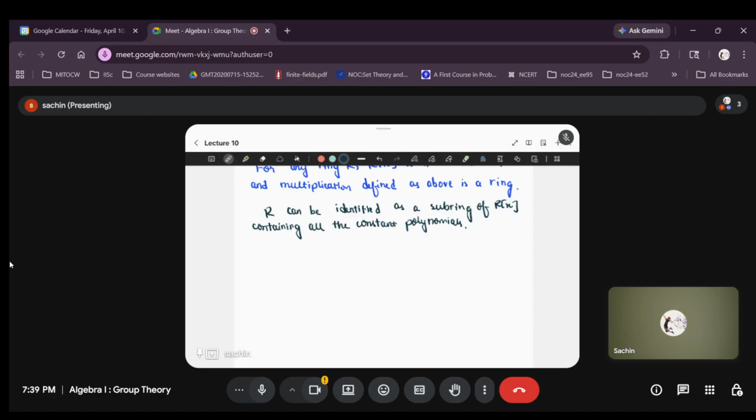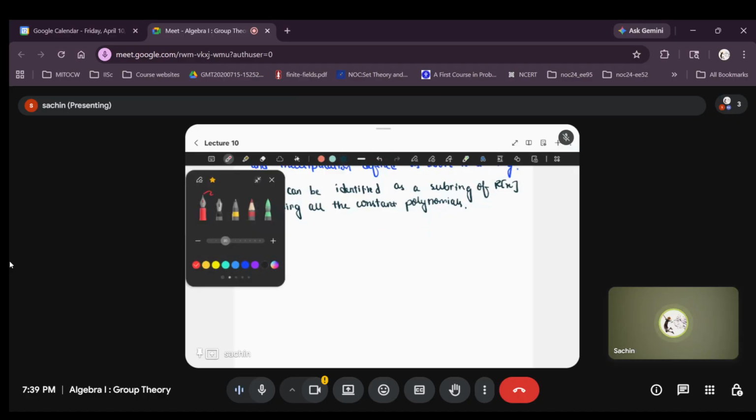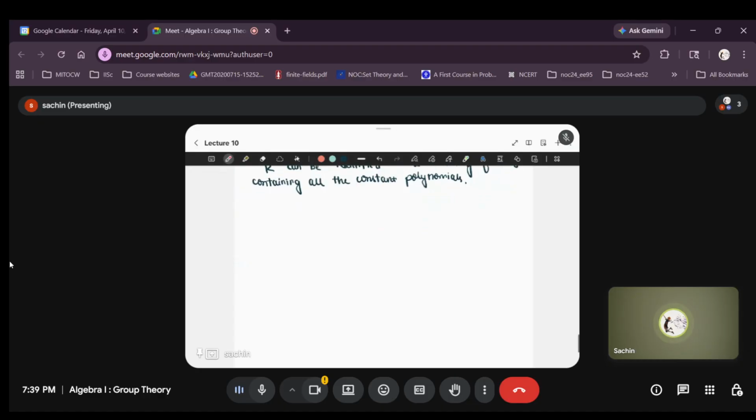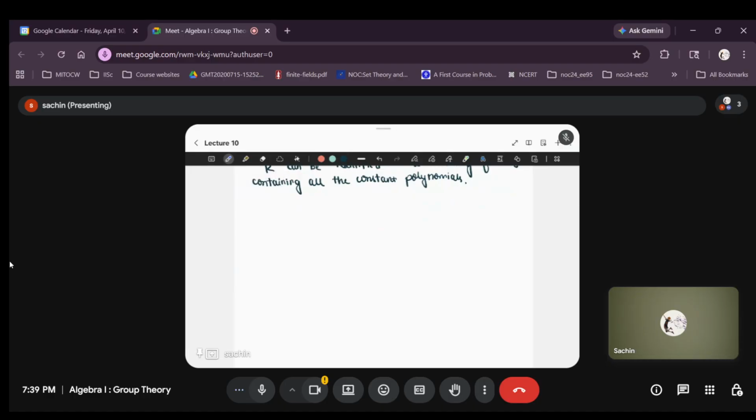You have addition and multiplication in Z, and similarly in R of X. So many results carry over, not exactly the same, but many things carry over to polynomials also. For example, we had the Euclidean division algorithm that you can apply to polynomials also.